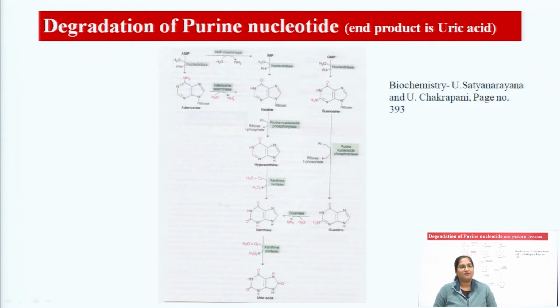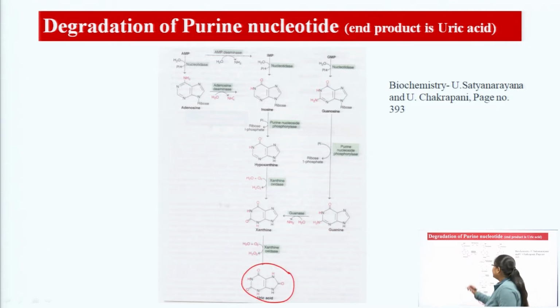First of all we are discussing the purine nucleotides. The degradation product, or the last product, of purine nucleotides is uric acid. That means adenosine, inosine and guanosine, all three when catabolized, that is broken down into their byproducts, the last product will be uric acid.